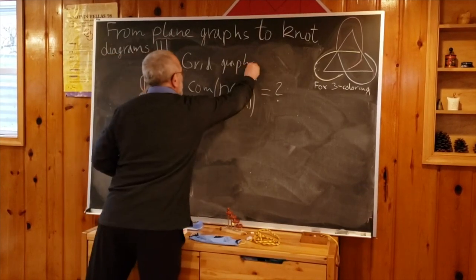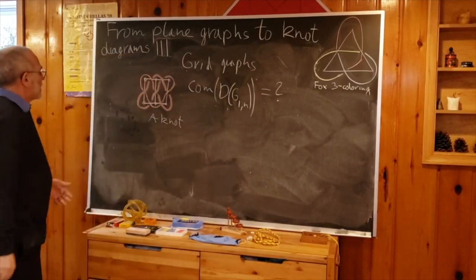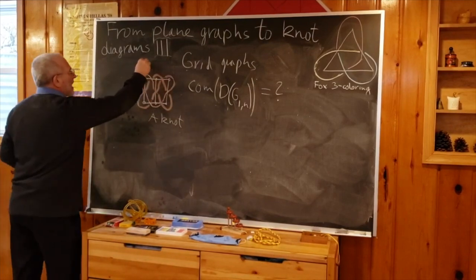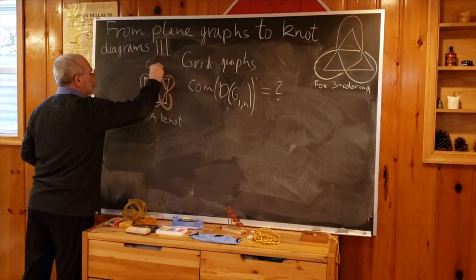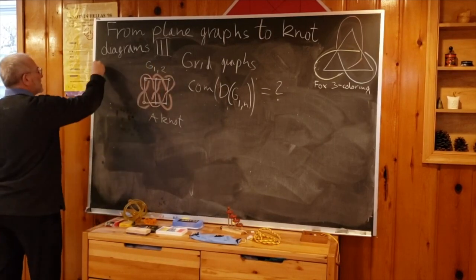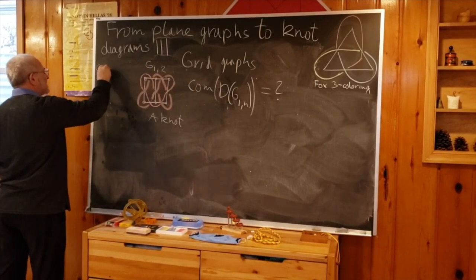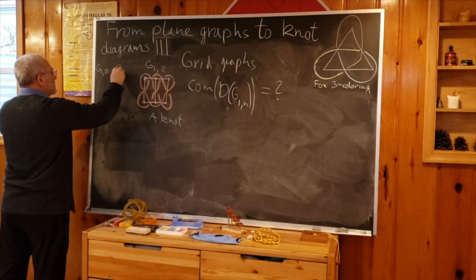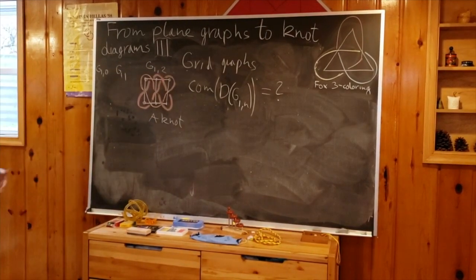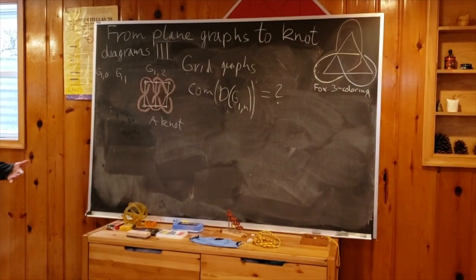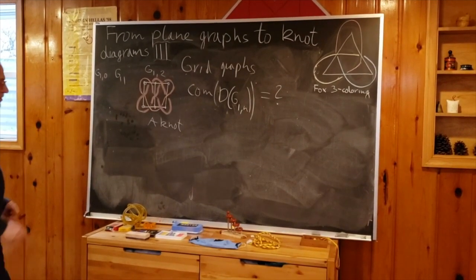Okay, so let's do this. This is, in our language, the graph G_1,2. So we have to see what G_1,0 and G_1,1 are, and maybe then go further to G_2,2, G_3,2, and maybe one more.